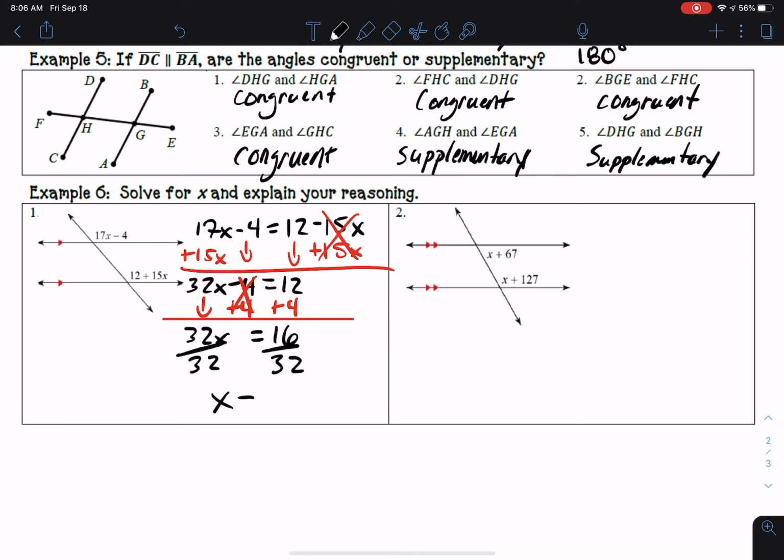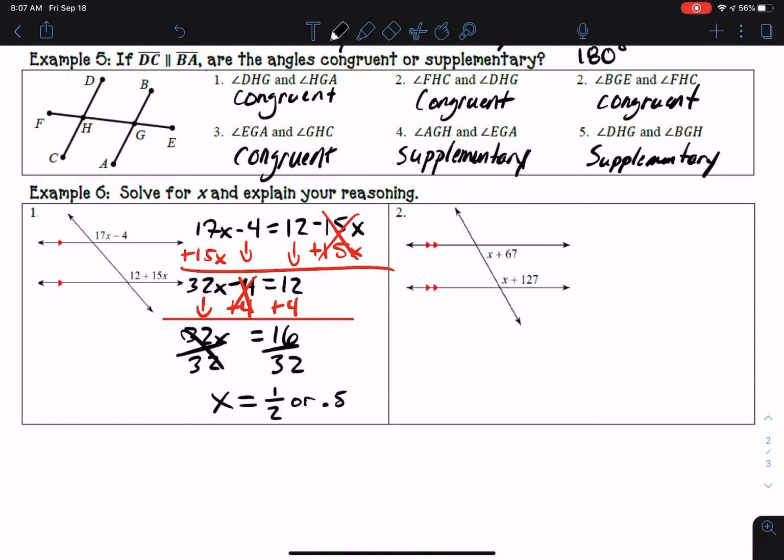So you get x is equal to 16 over 32. If you type that in a calculator, it should give you 0.5. If you think of money, 0.5 is 50 cents, which is also equal to half a dollar. So a half, or I guess you could say 0.5, whichever one floats your boat.